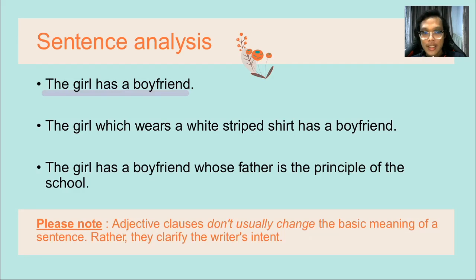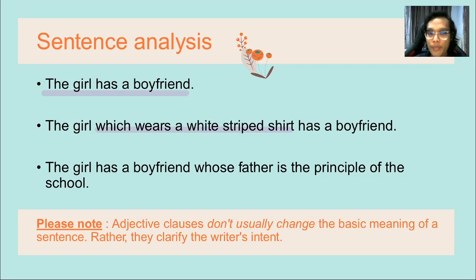What about the second sentence? The girl which wears a white striped shirt has a boyfriend. Do we have any adjective clause in the sentence? If so, where is it? Okay, you got it right. Here, "which wears a white striped shirt", this we call an adjective clause.